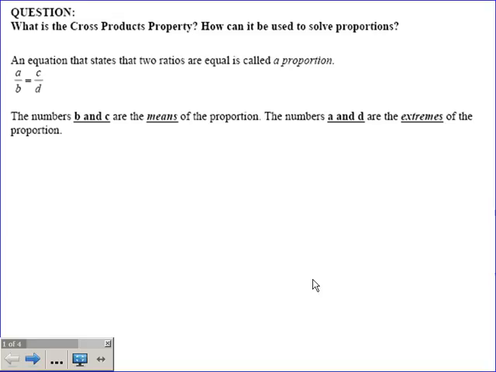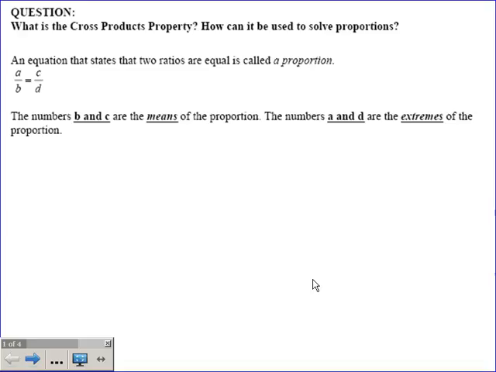But I do want you to follow along because maybe you can glean something new. One thing that might be new to you is the idea of extremes and means. Mean is usually the idea of an average, something that's in the middle, right?